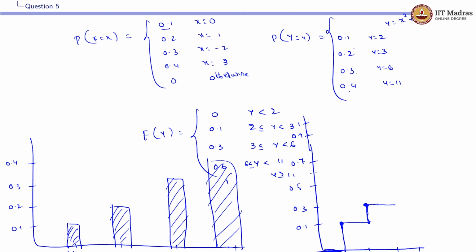So it would be somewhere around here. And until it is equal to 11, it would be 0.6, and once it reaches 11, the value would be 1, and after that it continues on. This is the CDF graph. This is the probability mass function plot.